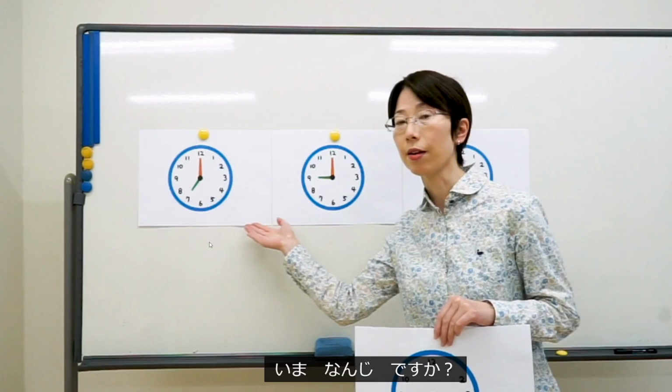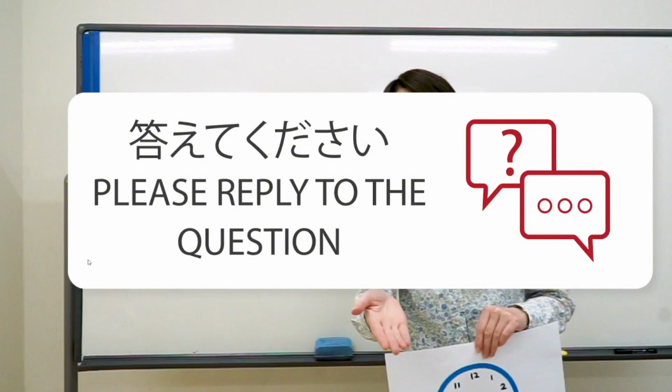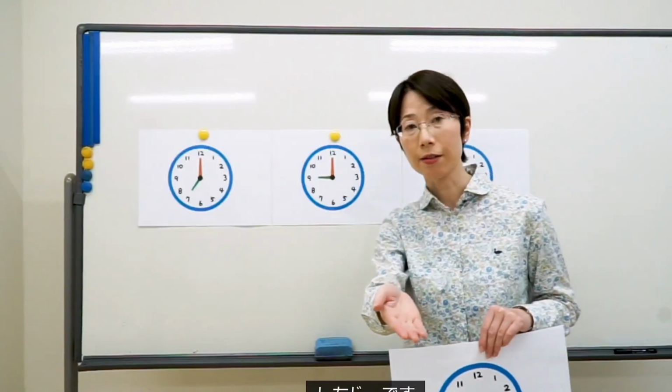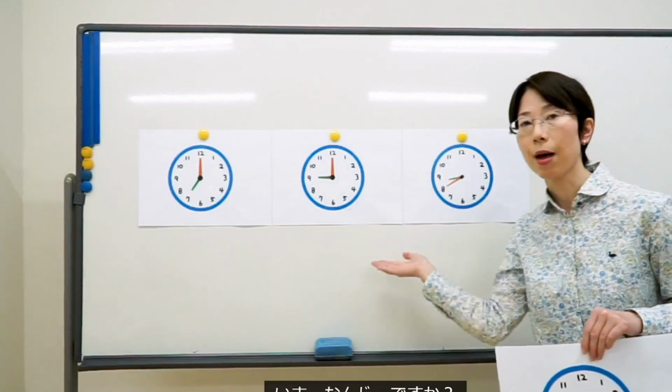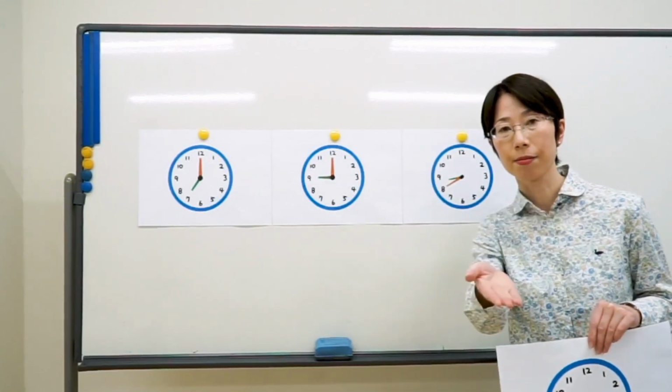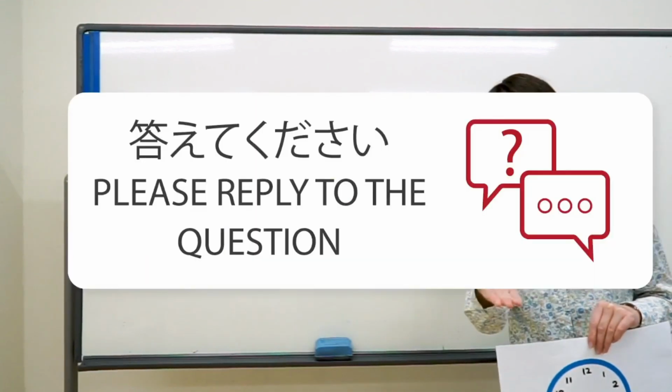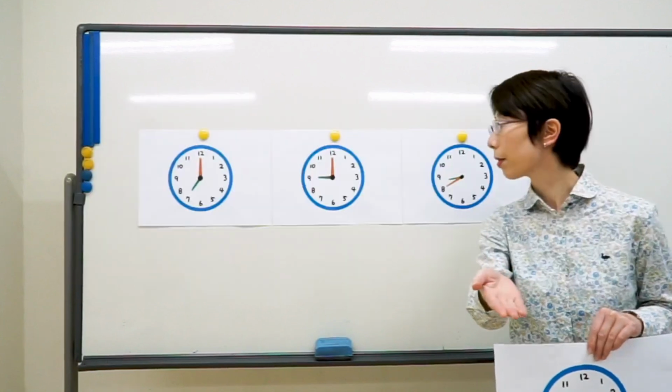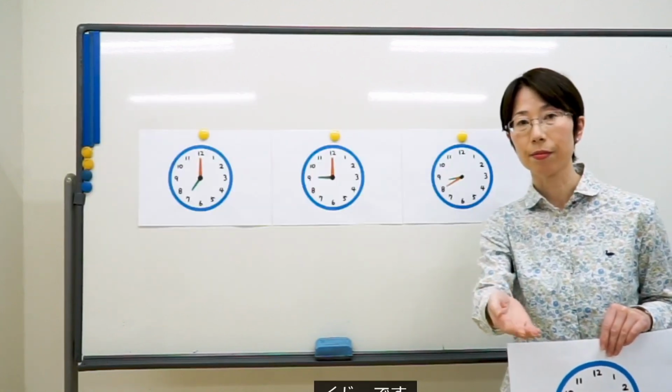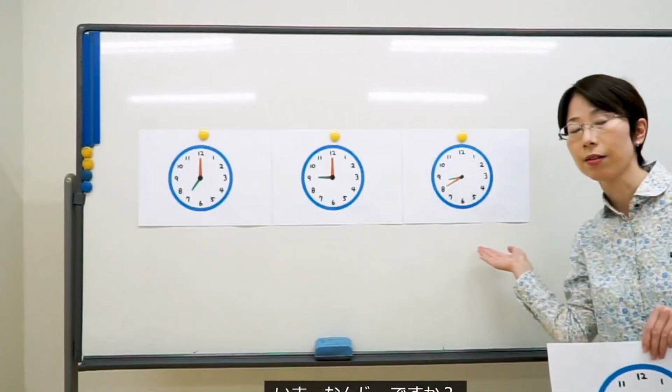Shichiji desu? 7時です。今何時ですか? Kuji desu, right? 9時です。今何時ですか?